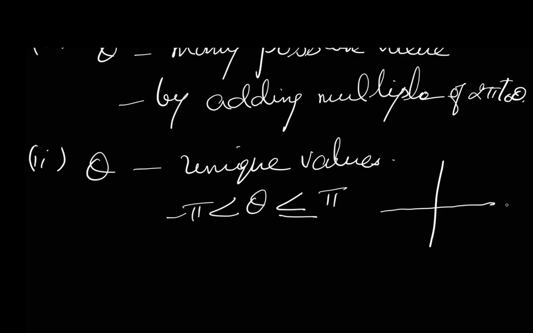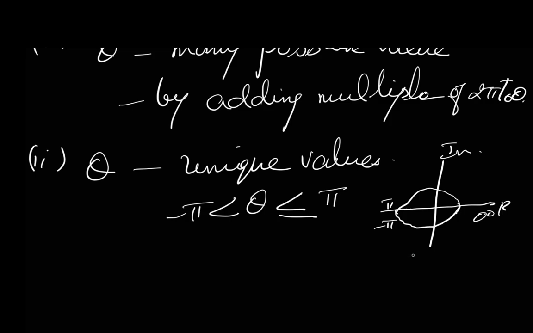Why are we not considering equal to minus pi? In the complex plane, this is the real axis and this is the imaginary axis. When you measure the angle, we start from 0 degree, then 90, pi, and then 270, 360. I stop here at pi in the anti-clockwise direction. In the clockwise rotation I again start in the negative direction, so the angle is minus pi.